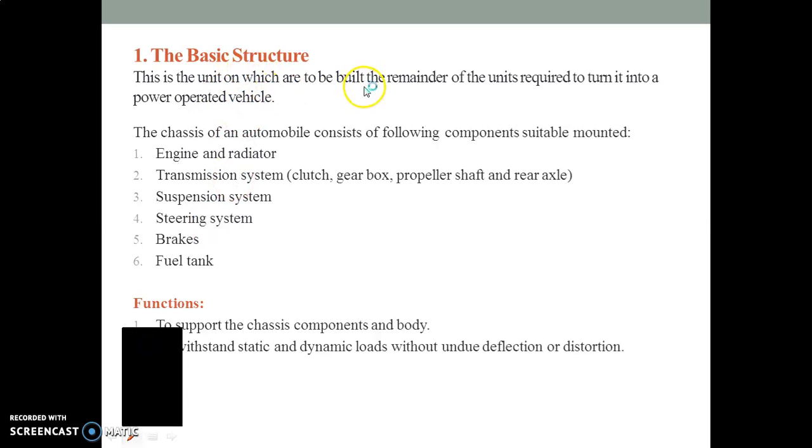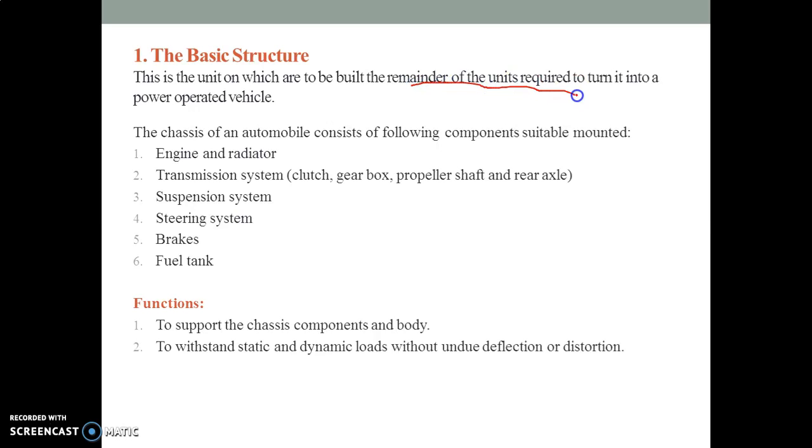In this unit are all the remaining parts required to turn it into a power operated vehicle. So that is the most important part. The chassis of an automobile consists of the following components that we have just covered: engine and radiator, then the transmission system which includes clutches, gearboxes, propeller shafts, and the rear axle.